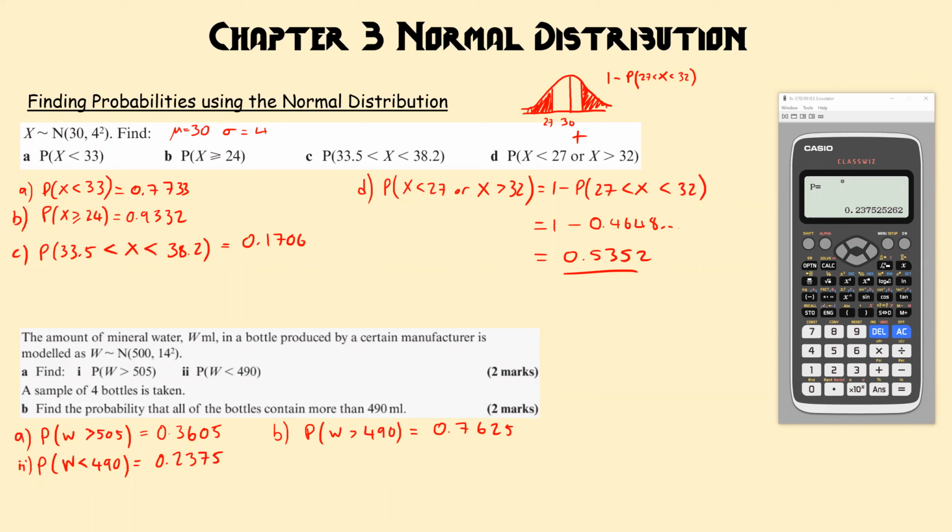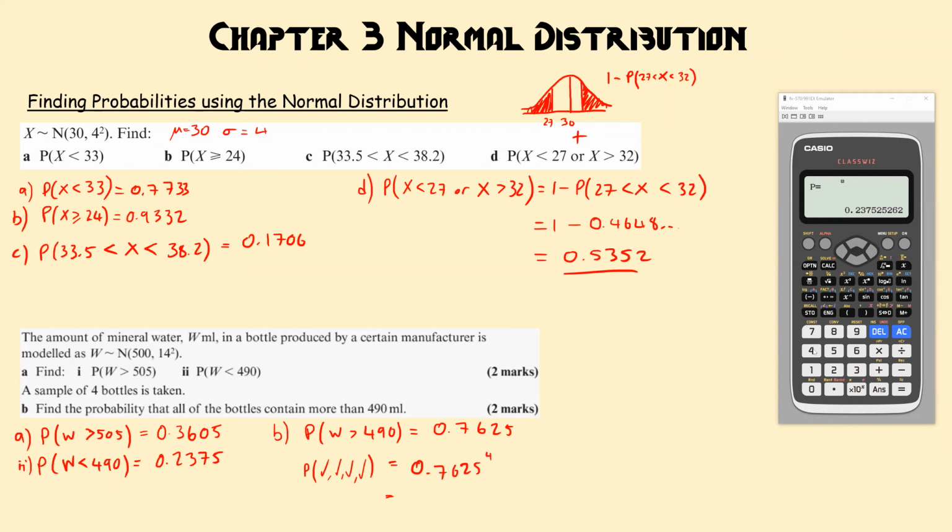For 2 bottles, we want to remember it's the probability of it happening, and another one happening, and another one, and another one. Remember in probability, when you've got and, it needs to multiply. So it's going to be this times itself 4 times. In other words, it's going to be 0.7625 to the power of 4.